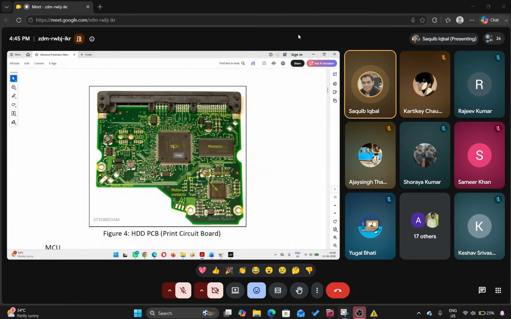It is called the microcontroller unit. There is a memory on the board, and there is a VCM controller. It controls the RPM, the rotations of your hard drive. And there is a special chip called the flash chip. It's basically called a ROM chip, or a U2L chip. It basically contains the firmware of your hard drive.